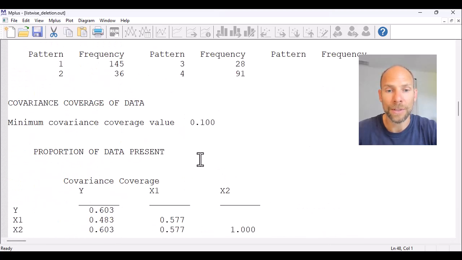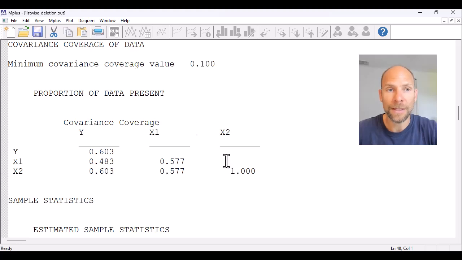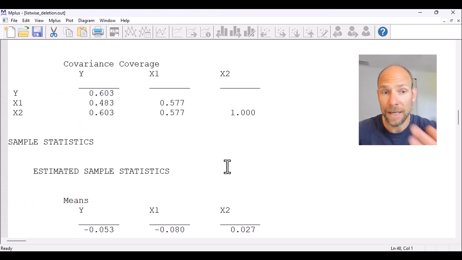When you scroll down, the next thing we see is the covariance coverage, which is calculated based on the missing data pattern frequency. This shows us for which variances and covariances we have how much data.